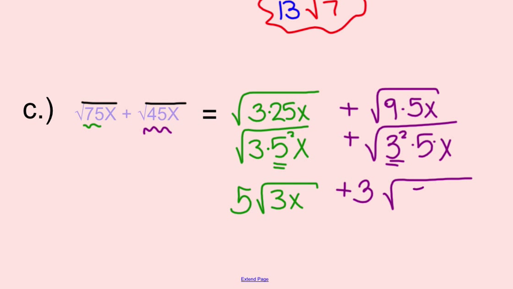And then your 5x stays underneath. So if we look at those two radicands, they are not alike. So we could not combine these together. This is a 3x and that is a 5x. So these are considered unlike radicands. So you are done.